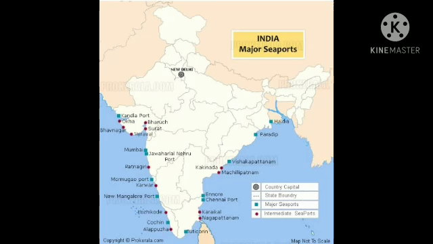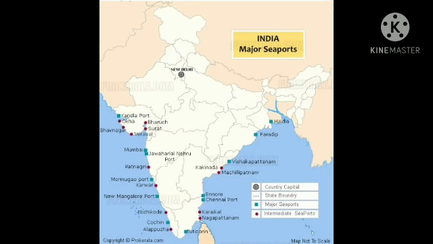Then another important port on the eastern coast is Visakhapatnam, which is the deepest, landlocked, well protected port. This port is also handling iron ore export. So Goa port, then Mangalore port, and Visakhapatnam are also handling the iron ore export.